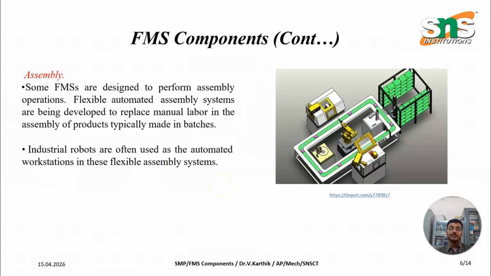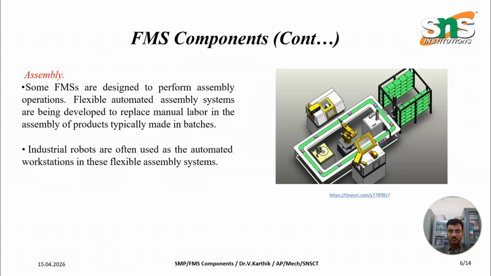Next one is the assembly stations, where the parts from machine one, machine two, machine three, which are done in that layout, can be assembled as a single product in these stations. Some of them are designed to perform assembly operations, which will replace manual labor. We have seen many car manufacturing videos on the BBC or other National Geographic channels.